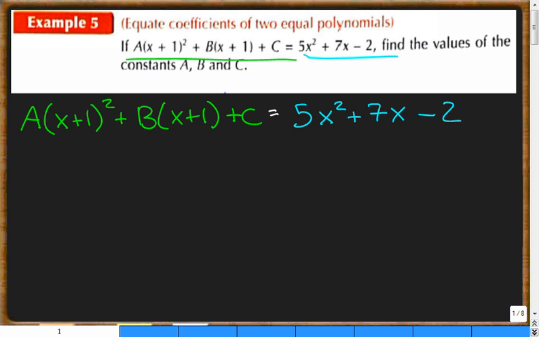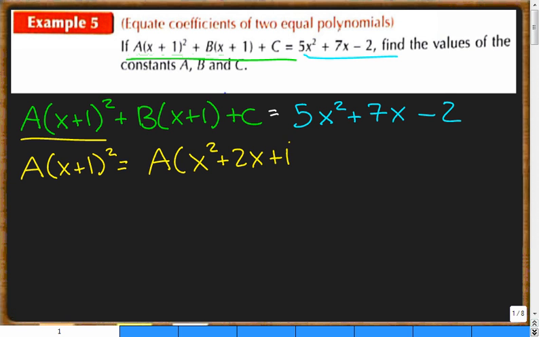So this term here, we're going to have a times (x + 1) squared. Well, that's the same thing as a times (x squared plus 2x plus 1).